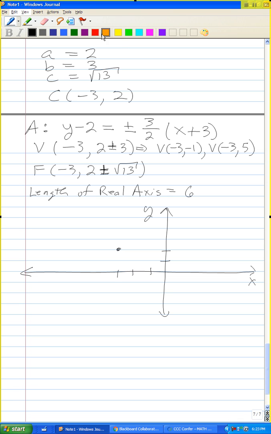So we'll go 2 in the x direction, 2 in the, and 3 in the y direction. 1, 2, 3, 1, 2, 3. So it should look something like, well, let's start here.